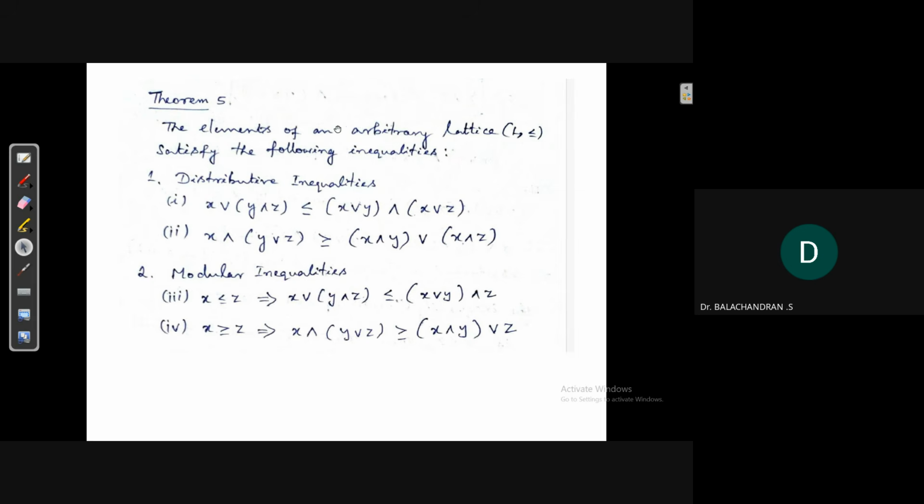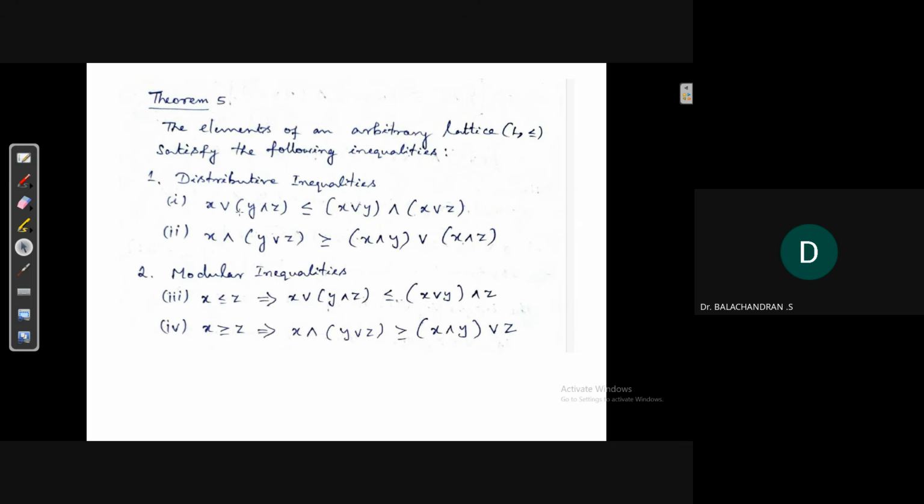The elements of an arbitrary lattice L, less than or equal to, satisfy the following inequalities. Sometimes they will ask you to state and prove distributive and modular inequality, so you should remember all four inequalities. Distributive inequalities: x or (y and z) less than or equal to (x or y) and (x or z).